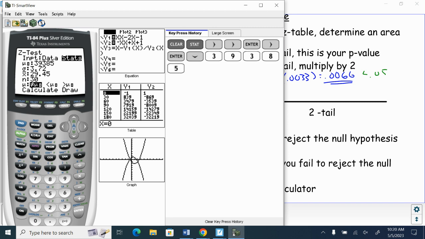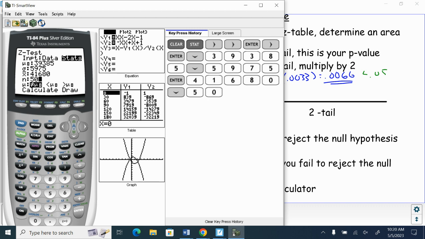So we type that in. Our standard deviation that we use, 59.75. Our sample mean that we're utilizing, 41,680. Our sample size we're dealing with is 50.